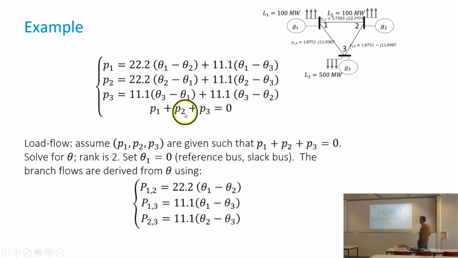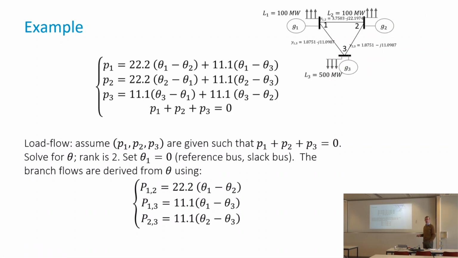So my variables are P2 and P3. And given P2 and P3, the electrical state of the network is the angles theta 2, theta 3, and theta 1. But since node 1 is the reference bus, theta 1 is 0. So the electrical state of this network in this approximation is given only by theta 2 and theta 3.